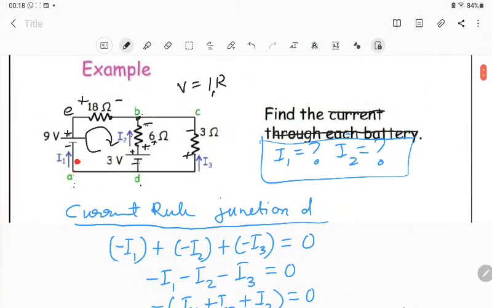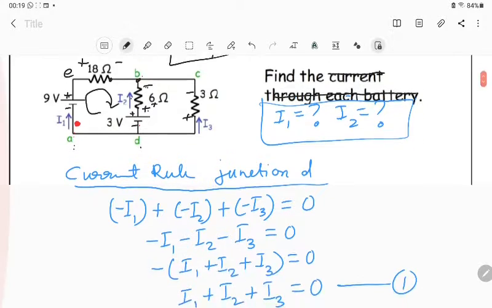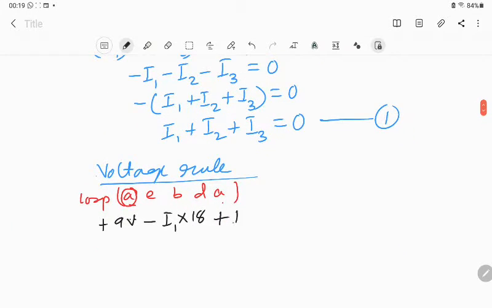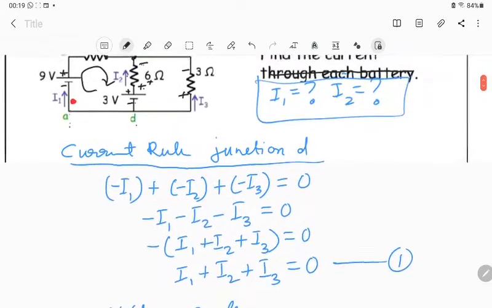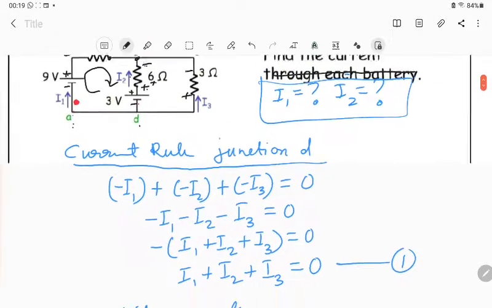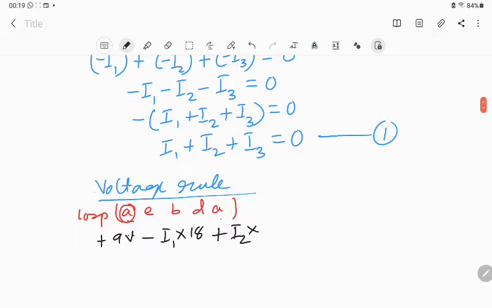Now this resistance you have to convert into volt, same formula, V equal to IR. Now I is I2, and R is 6, so I2 into 6.